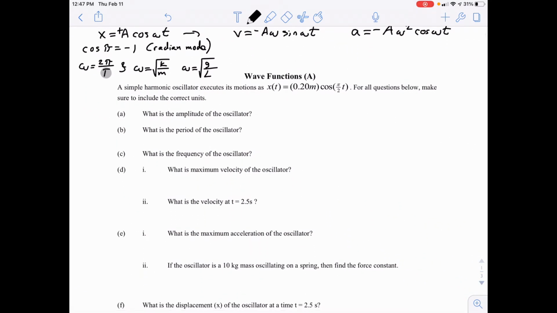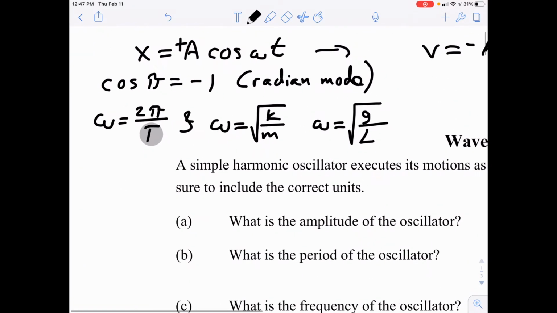Well, there's really 2 things we want to be able to extract from any function, and that is your amplitude and your omega, which is, of course, your angular frequency. But from your angular frequency, we can also extract the period. We can extract and calculate the spring constant, the length of the pendulum possibly, even the mass.